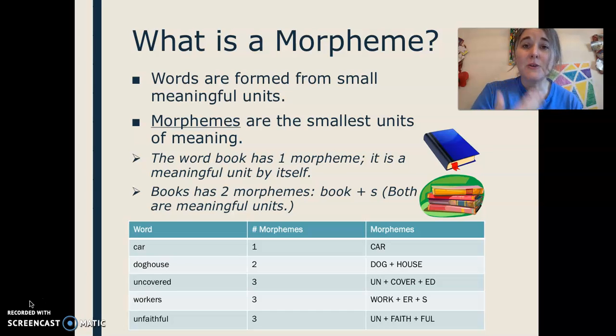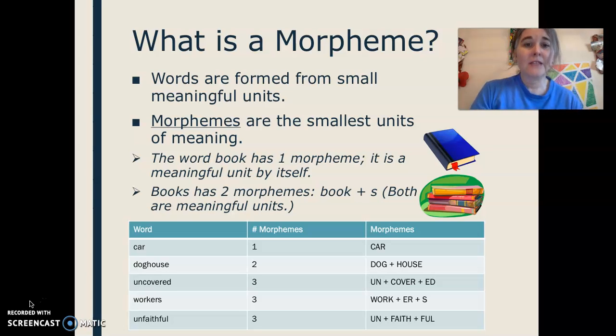As a teacher of language and reading, and of your subject matter as well, you need to be able to take words apart into their morphemes, because it will help you understand language, but also help you teach your students the meanings of different words, especially content vocabulary that have long words with lots of morphemes and roots and suffixes and prefixes.